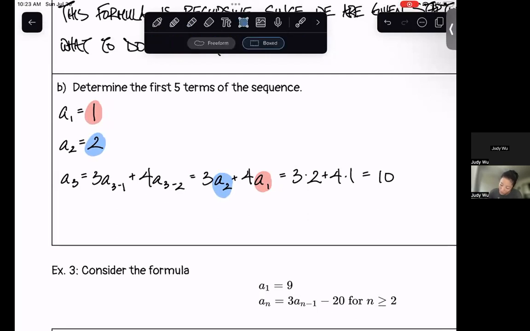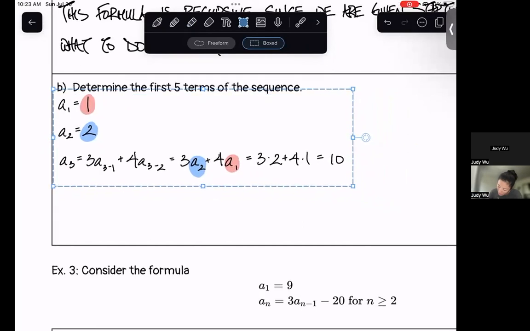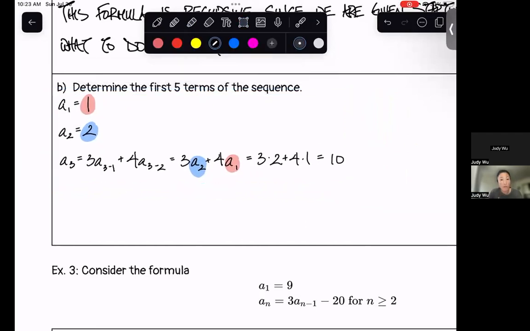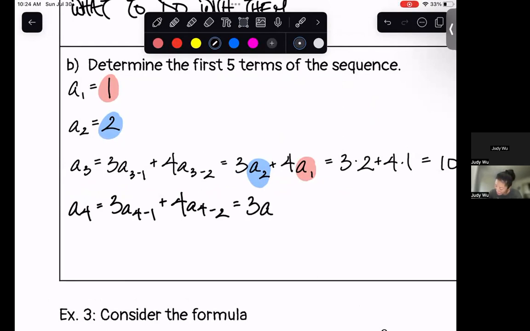Okay, so that, my friends, is how we use the formula. But let's go ahead and find A sub 4 and A sub 5, get a little bit more practice. So A sub 4 is 3 A sub 4 minus 1 plus 4 A sub 4 minus 2. And if we simplify that, that's 3 times A sub 3 plus 4 times A sub 2.